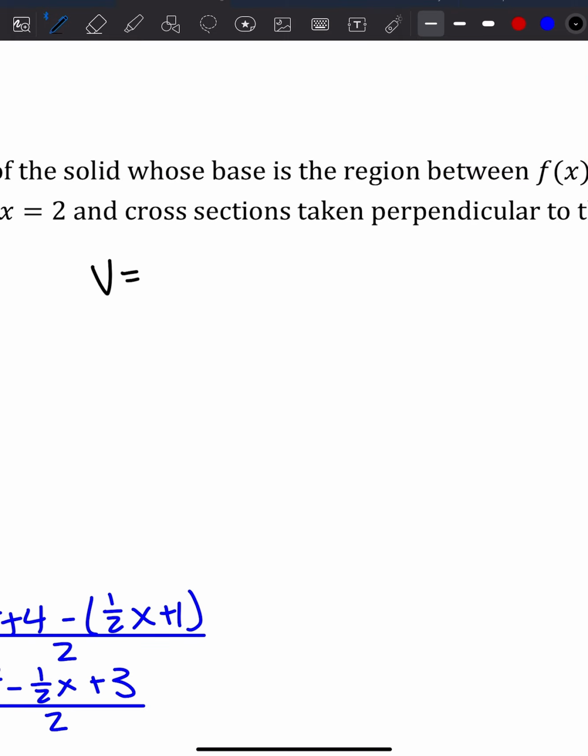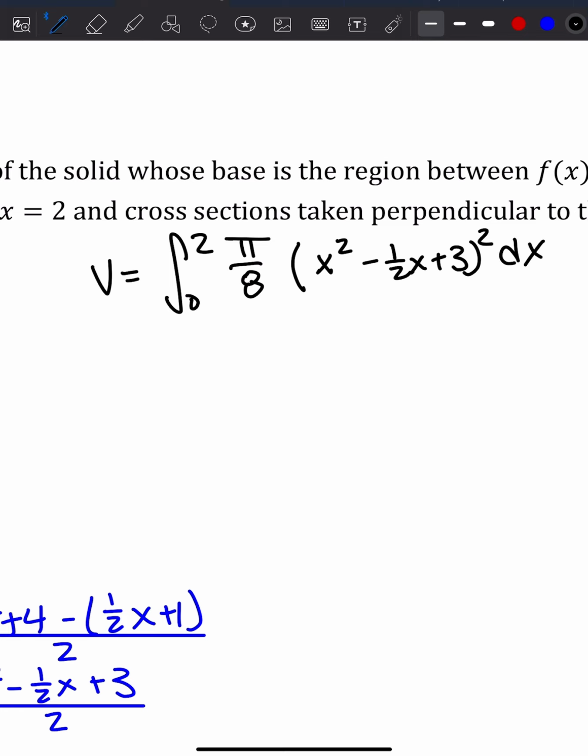So our volume is equal to the integral from 0 to 2 again, because our bounds are 0 to 2, of pi over 8 times x squared minus 1/2 x plus 3 squared. So we found our area equation. Now we need to integrate it over our bounds to get this function.